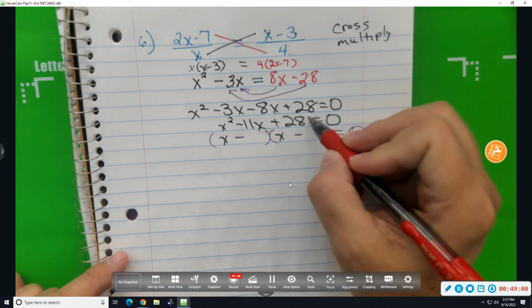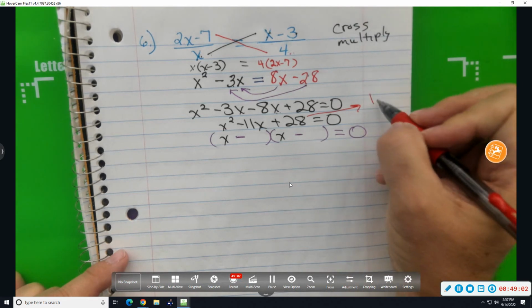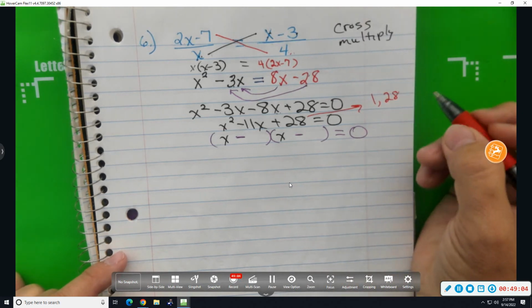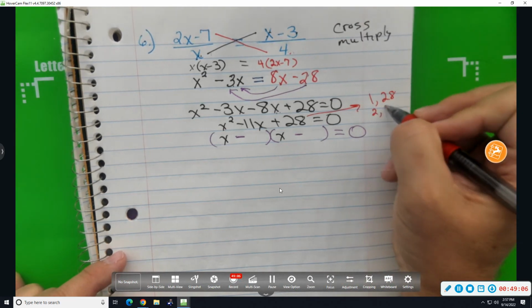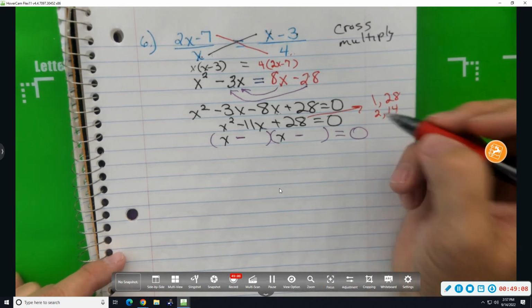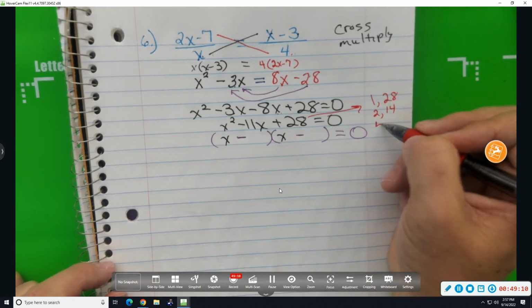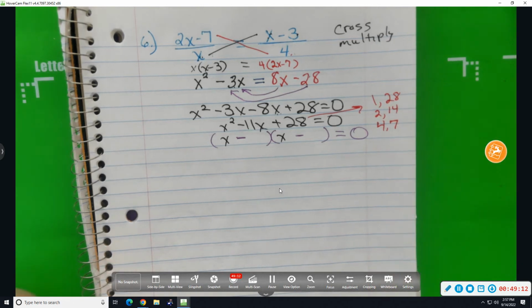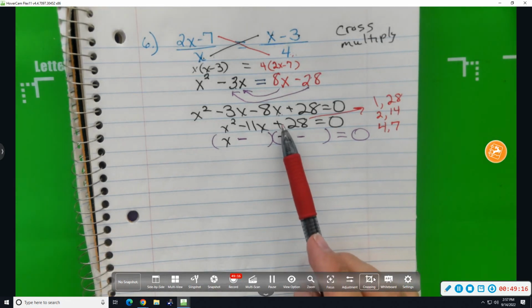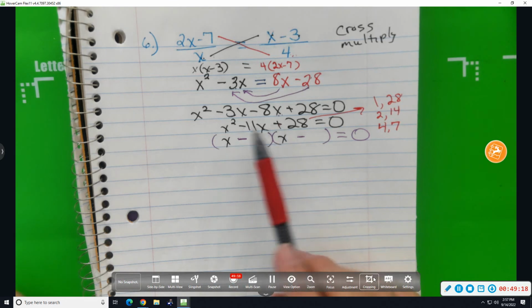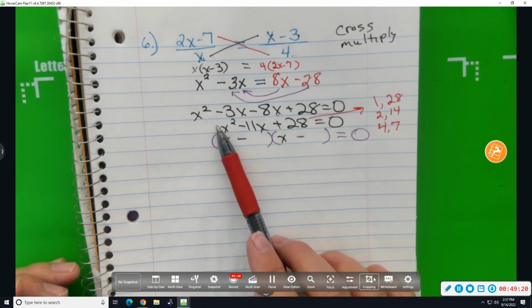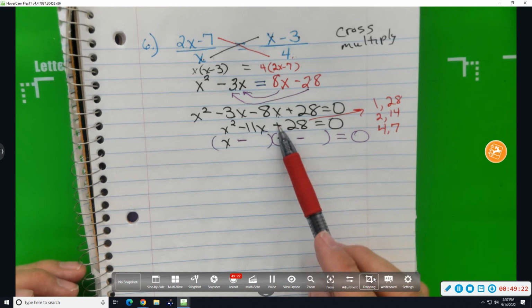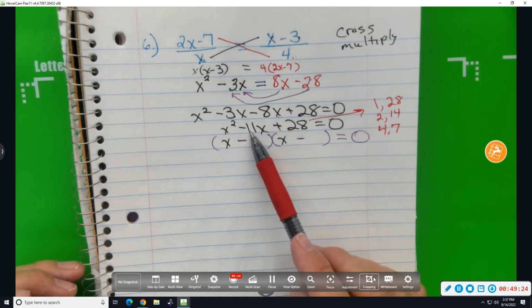So here we are. 1 times 28, or 2 times 14. I think most people will figure out 4 times 7 without actually writing out those numbers. Remember, this is a simple trinomial, so you choose the pair that adds to give you 11.